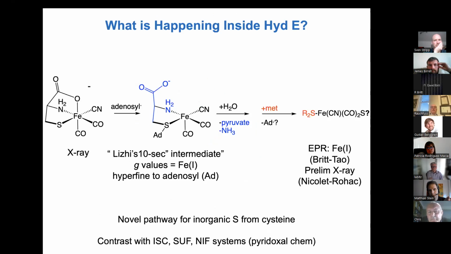Once the complex B, or wherever it comes from, is inside of high E, this returns back to Dave, and this is the work that was done by Lizzie Tao, remarkable postdoc working with Dave.